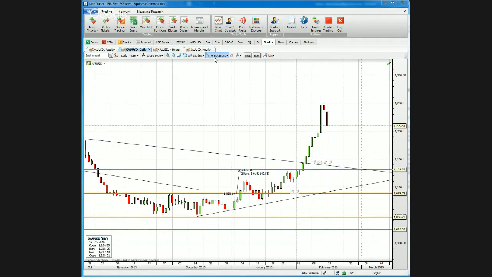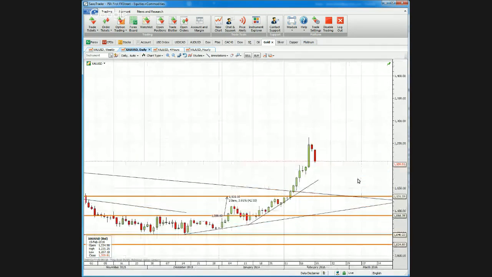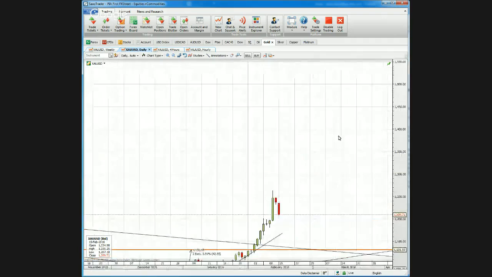But we're looking to set longs just around this area where there was this congestion. So looking to get long around 1190. Stop would be a break of 1100. But again, you're looking for targets of 1300, 1400, and 1500.